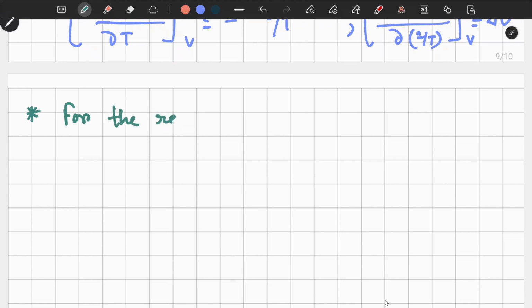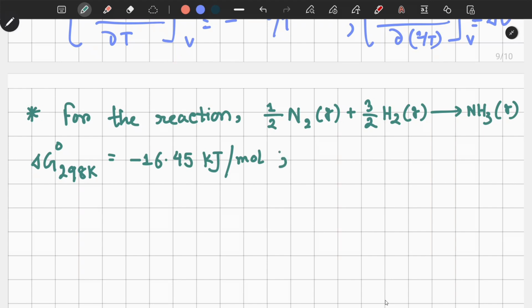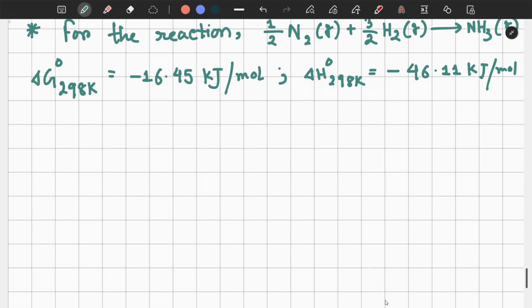For the reaction, del G 0 at 298 Kelvin is given, and we have to calculate the del G 0 at 500 Kelvin, considering this del H 0 is constant. This we have to calculate.